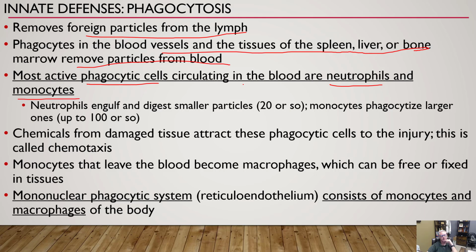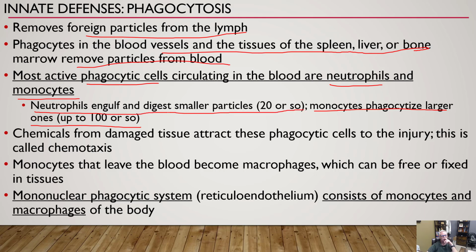And if you remember, monocytes are the largest of the 5 white blood cell types. So monocytes will actually phagocytize larger molecules, whereas neutrophils digest smaller particles.